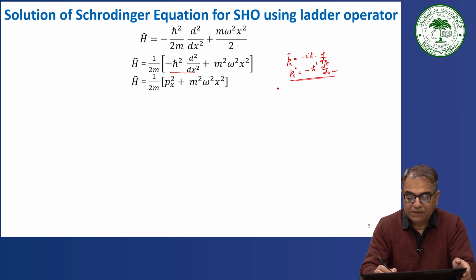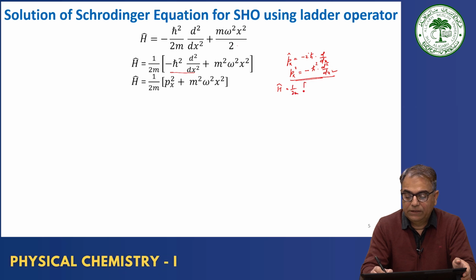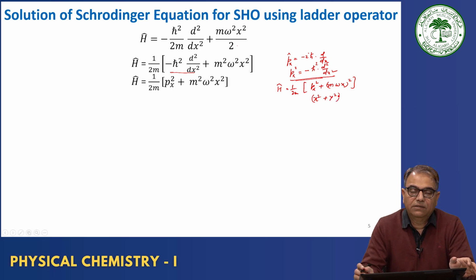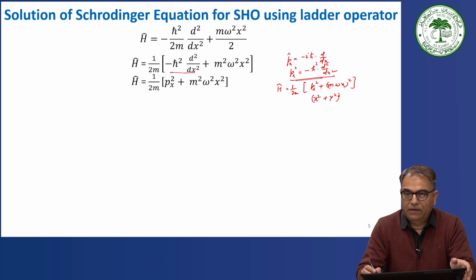The moment you have an operator with this kind of term, Px square plus m omega x square, like x square plus y square, we can factorize it very easily as x plus iy and x minus iy. If you multiply, you get x square plus y square.